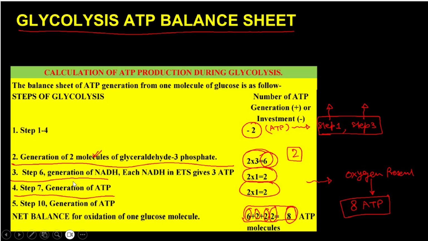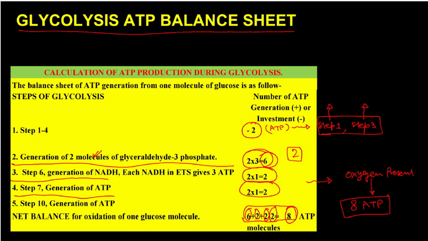At step 6, NADH is formed, and each NADH, when it enters the electron transport chain, gives 3 ATPs. So one NADH gives 3 ATPs, and 2 NADH will give 6 ATPs, because if you remember, we have 2 three-carbon molecules. We have shown the cycle for one only, but we have 2 three-carbon molecules. So the production of NADH will be 2, and the total ATP formed will be 6.